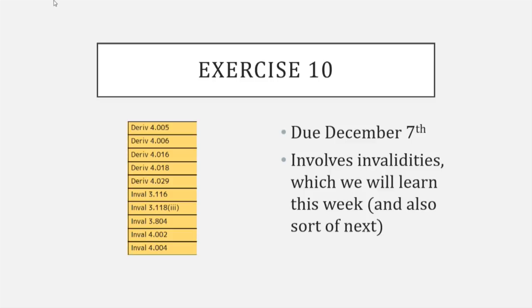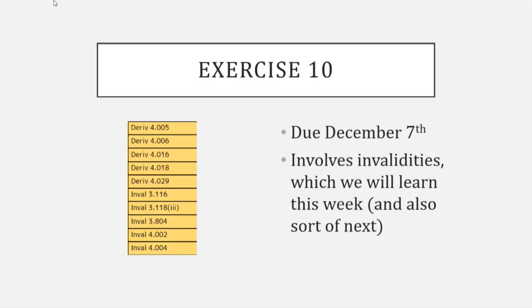One of the reasons I wanted to make this December 7th is because if you get stuck on one of these invalidities, so the 2 remaining skills that we've got are invalidities and what's called expansions. And the invalidities can sometimes be very tricky. But if you learn how to do expansions, then you've got a kind of mechanical technique that will help you solve the invalidities.